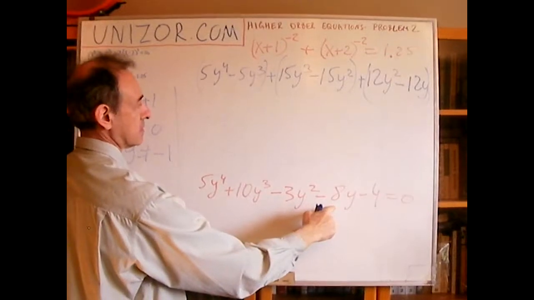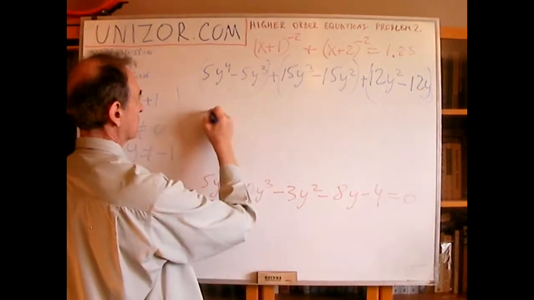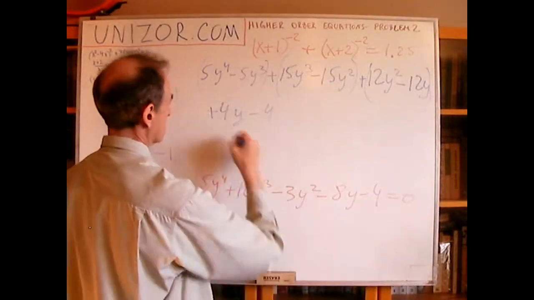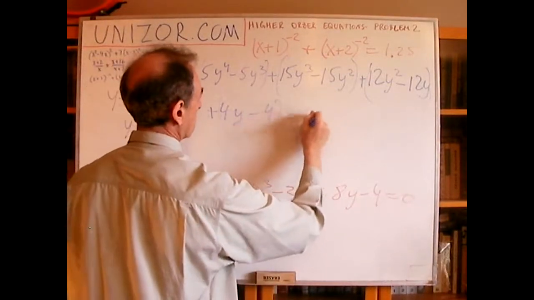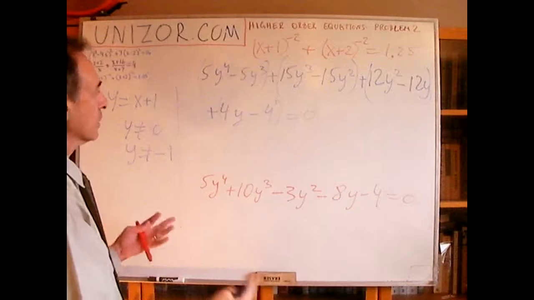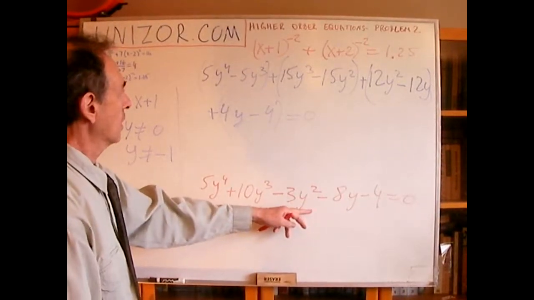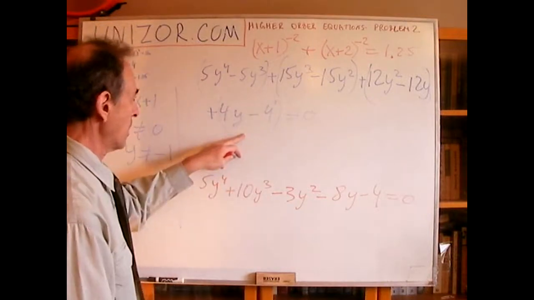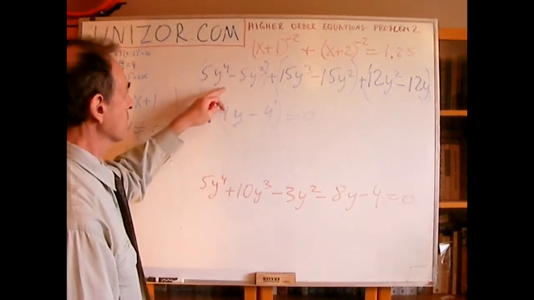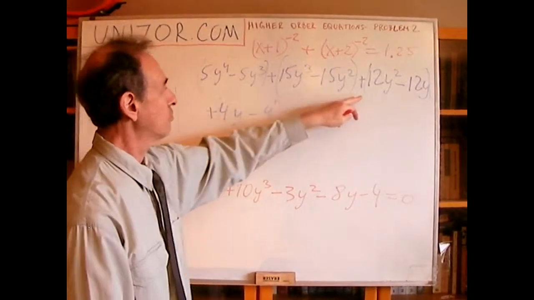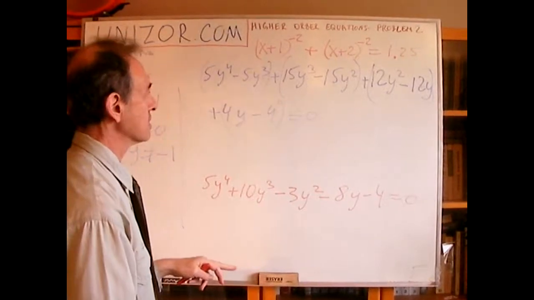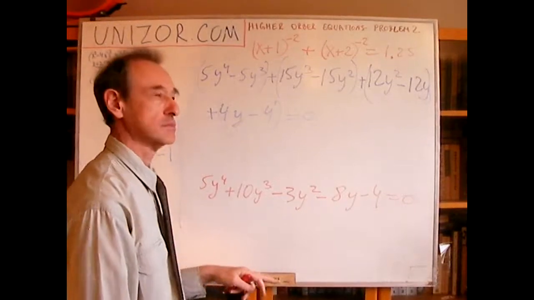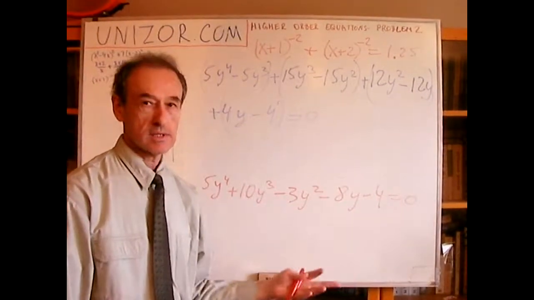But I have minus 8, so I have to add 4y and minus 4. As you see, I have rewritten my equation by adding and subtracting certain things to every member, so that in each pair of parentheses I have y minus 1 as a factor.